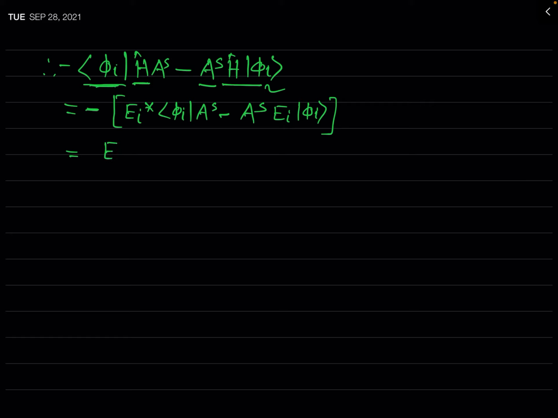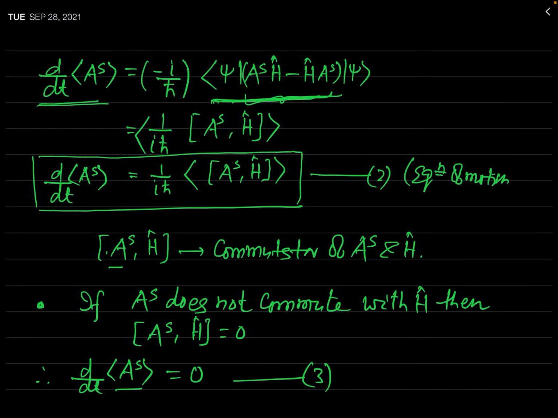So this equation may be written as Ei minus Ei star, bra phi I as Ket phi I. Therefore I have actually evaluated this term.